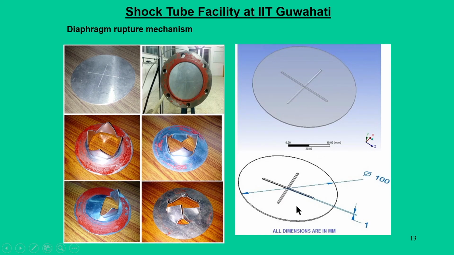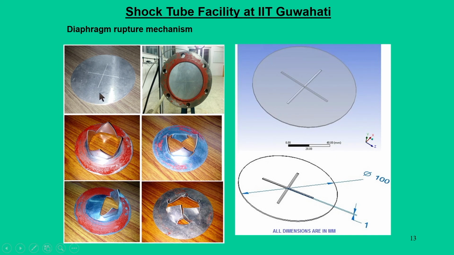That is why a V groove type design has been made in the diaphragm itself. With this V groove design, the crack should initiate at the center of the diaphragm, and it should rupture instantly.